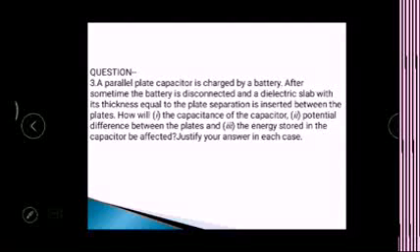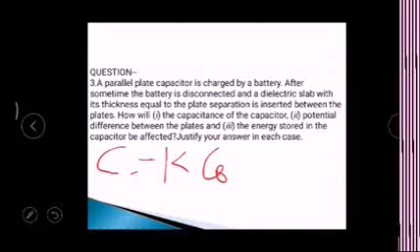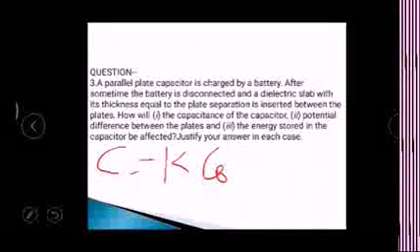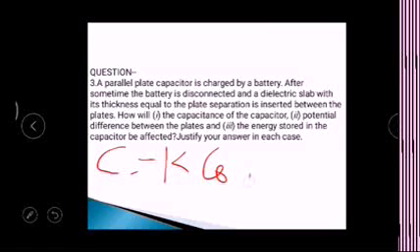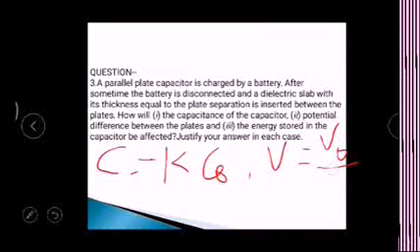So these things we have already studied in the previous slides, that on inserting the dielectric slab, capacitance becomes K times the initial capacitance, or the capacitance in vacuum. Potential difference between the plates is given by V0 by K. It reduces by K times, since the electric field also reduces to K times.